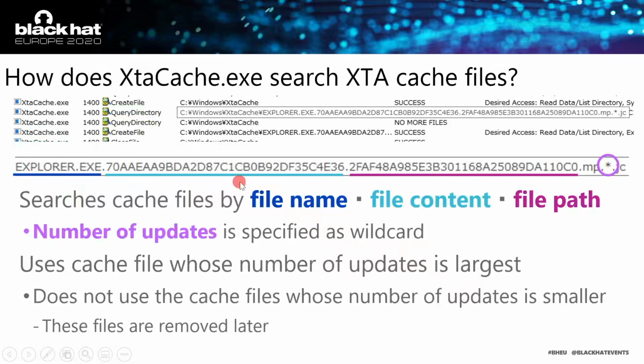By using this string, the XT cache service searches the cache files for the application. If it finds multiple cache files, it uses the cache file whose number of updates is largest. Cache files whose number of updates is smaller are not used, and these files are removed later.